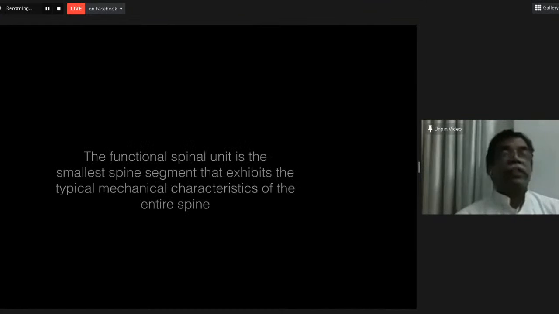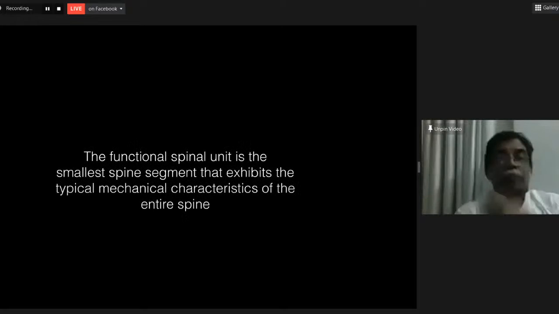Then there's a term called functional spinal unit. The functional spinal unit is a term given to the smallest segment of the spine between which the movement of the spine takes place. So it is a spinal segment that exhibits the typical mechanical characteristics of an entire spine.